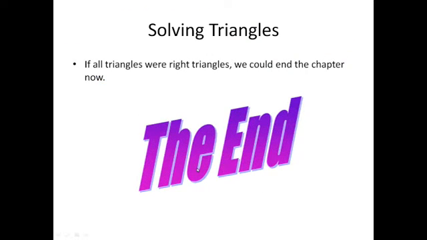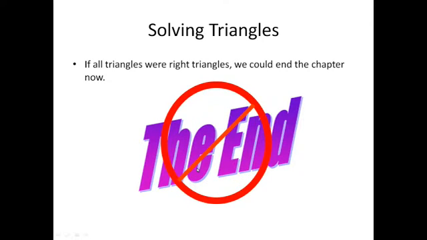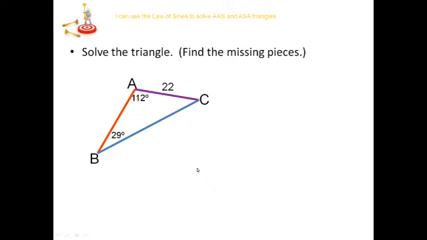Okay, so if all triangles were right triangles, we could end the chapter right now. But unfortunately, there are triangles that exist that are not right triangles. So in that case, we have to have a method to solve them. So here's our first triangle. Let's solve the triangle by finding the missing pieces. Well, what do I know about this triangle? It looks like I have two angles and a side.